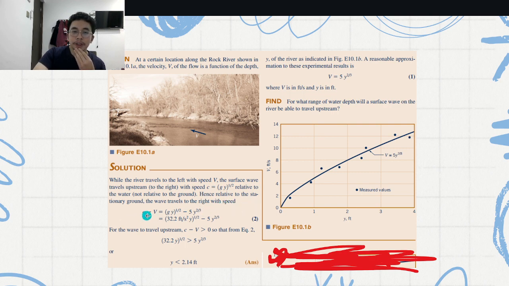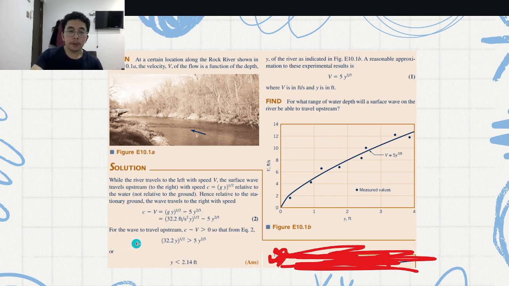Hence, relative to the stationary ground, the wave travels to the right with speed c minus V equals the square root of g times y minus 5 times y to the 2/3, which we can calculate. We can just input gravity in feet, which is 32.2 feet per second squared, times y. We can calculate this, and then we get this result.